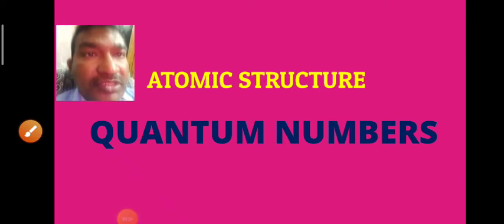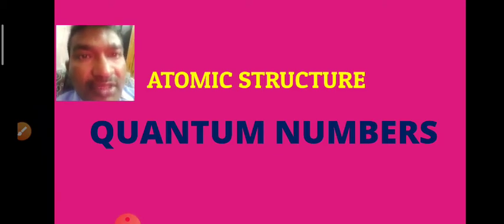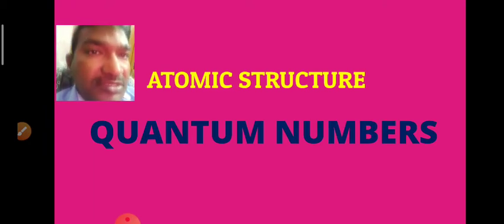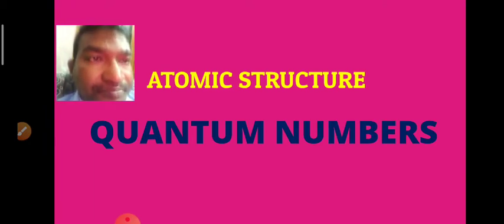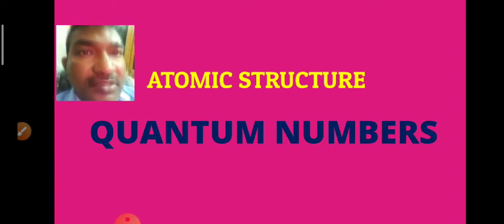Hello students, in this video now we are going to discuss the quantum numbers. Quantum numbers are very much similar to the address of human beings. As we are human beings, we have an address in a similar way.